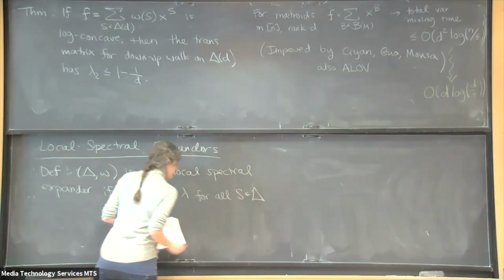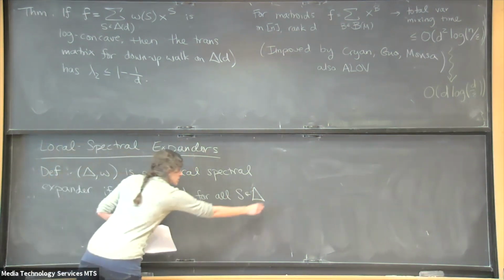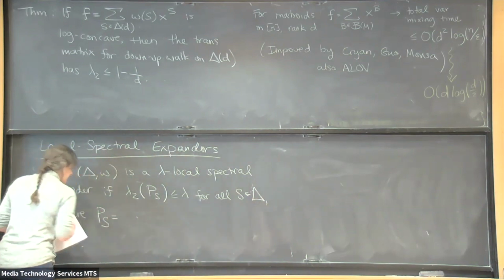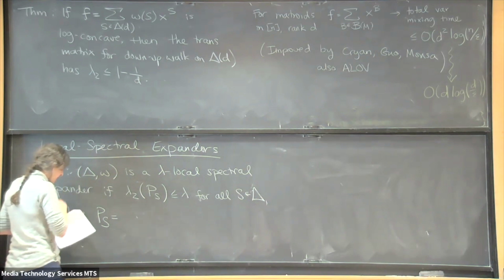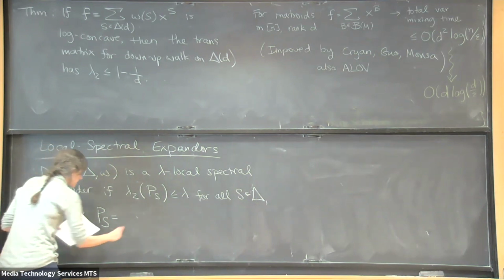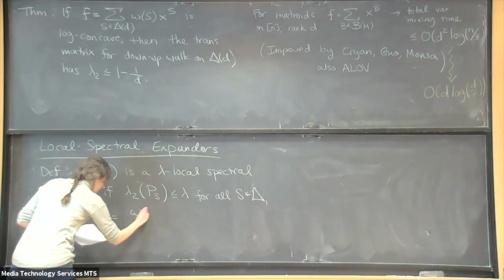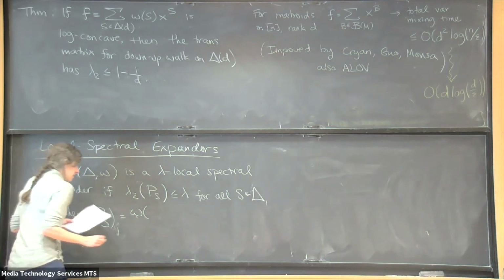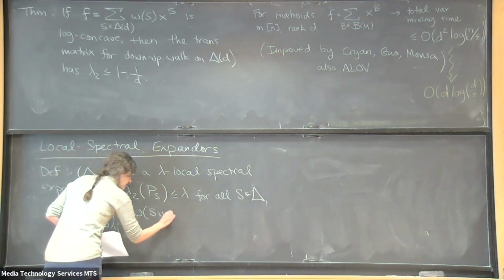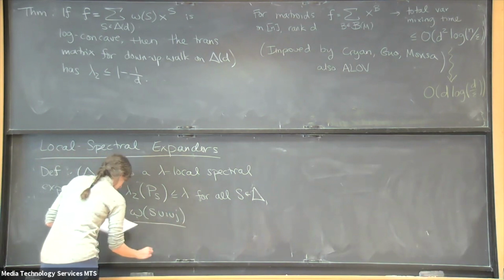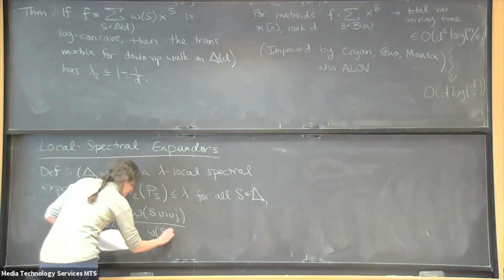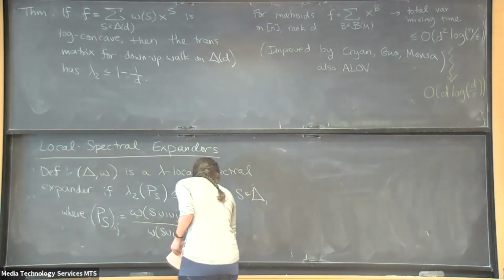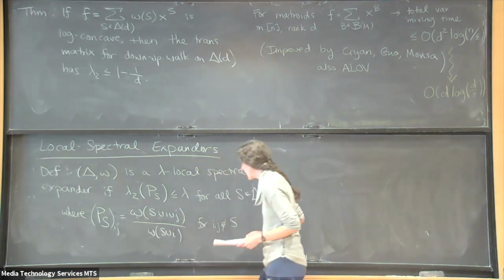To every face S we associate a matrix P sub S, where the ijth entry is the weight of S union I union J over the weight of S union I, for i, j not in S.